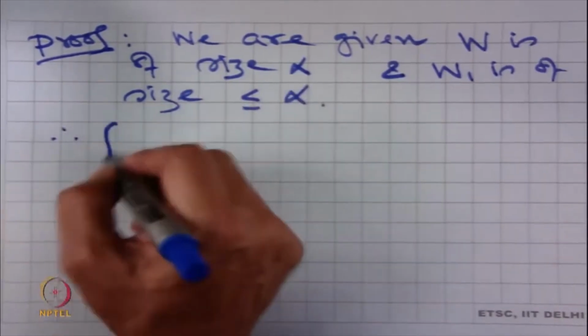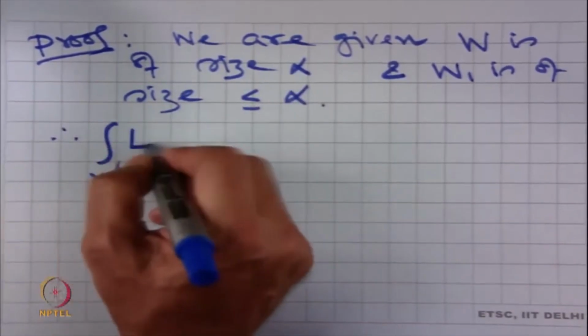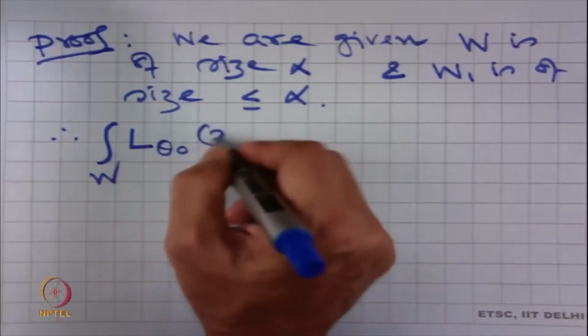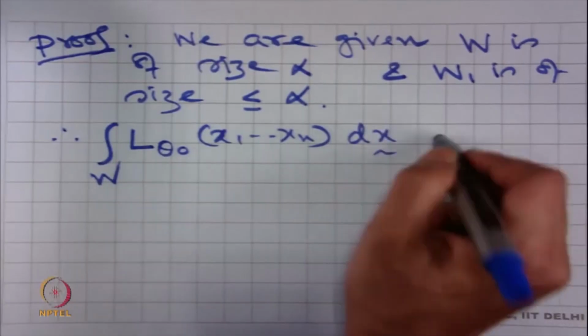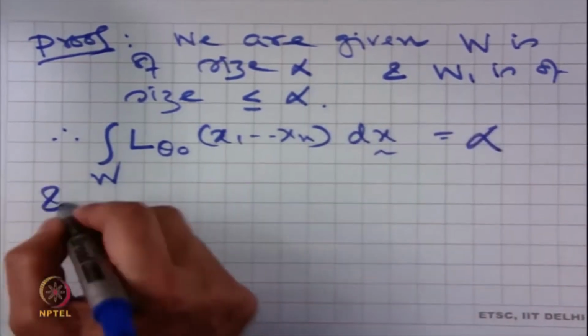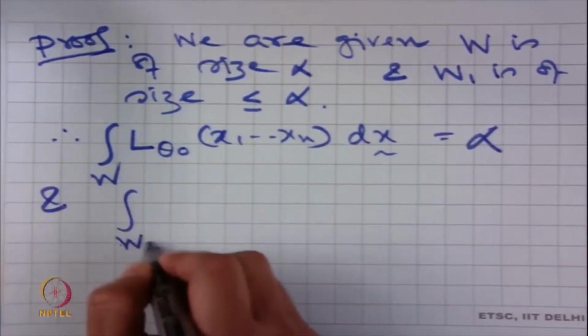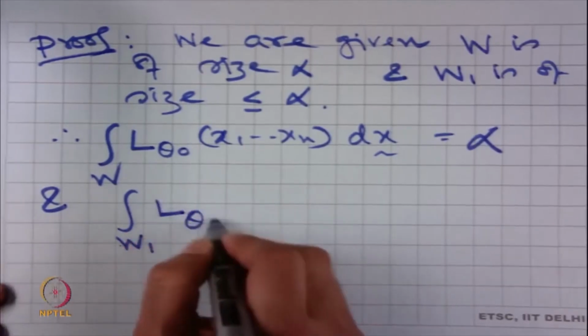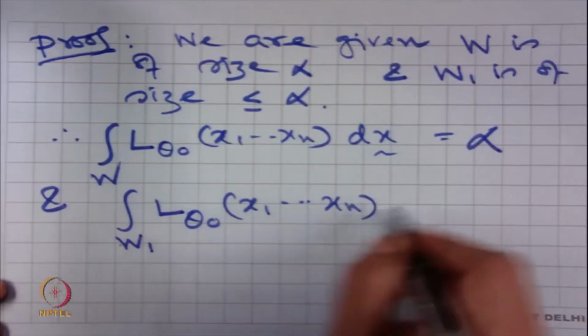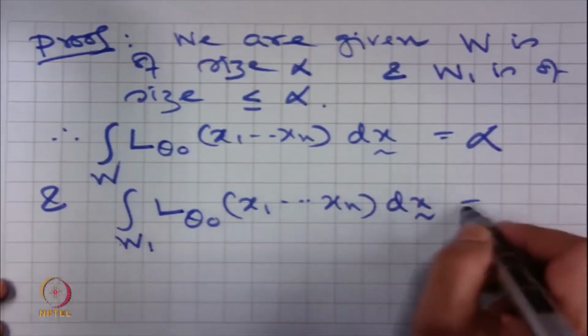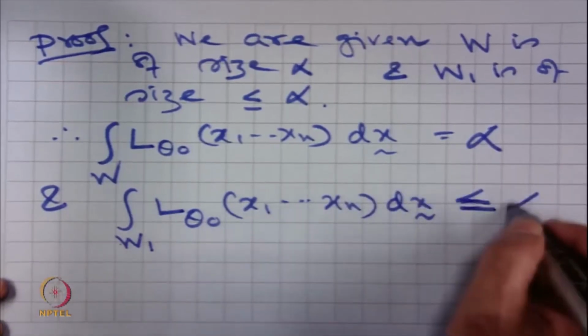Therefore, integration over W of L theta 0 of x 1, x 2, x n dx is equal to alpha, and integration over W 1 of L theta 0 of x 1, x 2, x n dx is less than or equal to alpha.